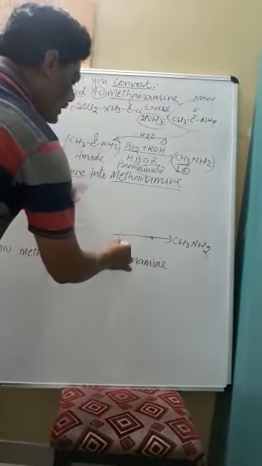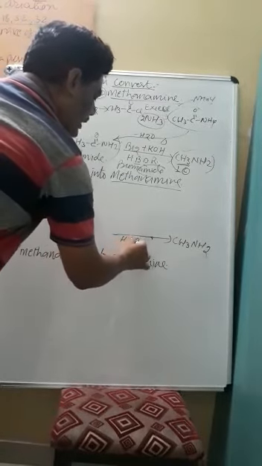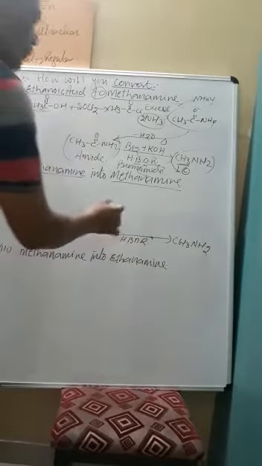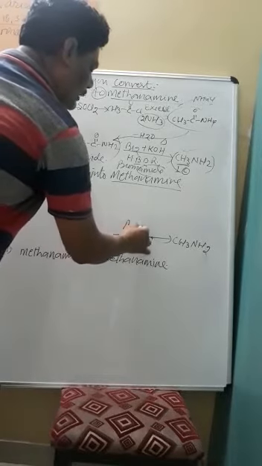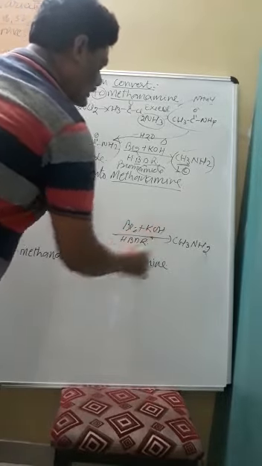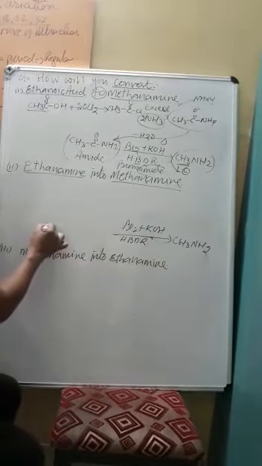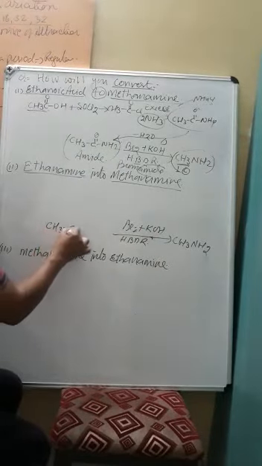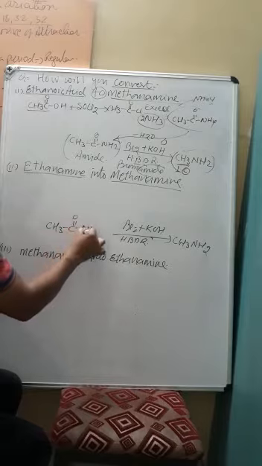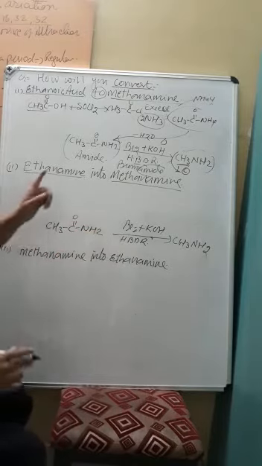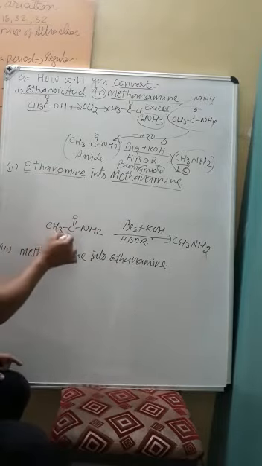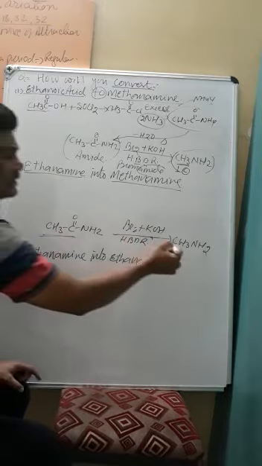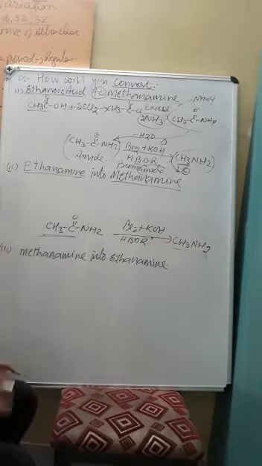So the same reaction, what? Hofmann bromamide degradation reaction. What is this? In this reaction, Br2 and KOH is treated with what? Amide. Amide means CH3CONH2. Again, this is called step down reaction in which two carbon containing amide converts into one carbon containing amine.